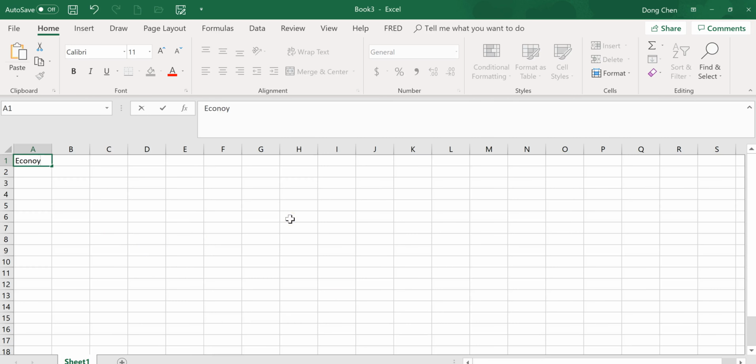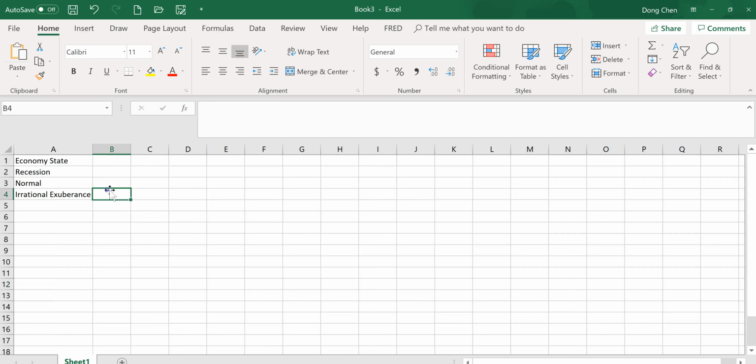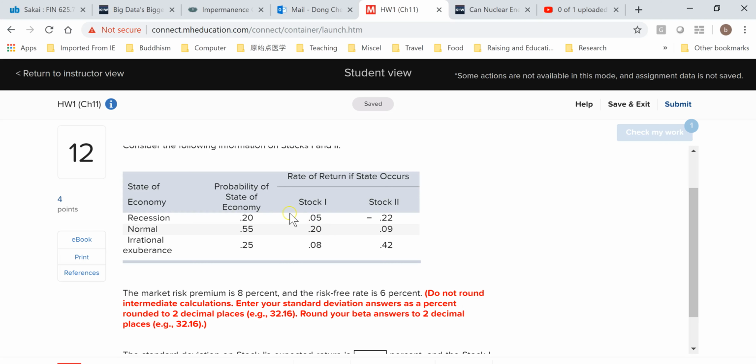Economy state: recession, normal, irrational exuberance.